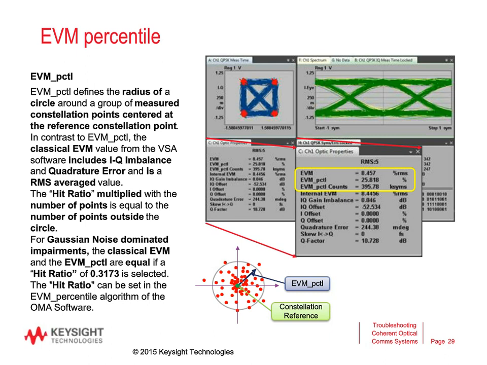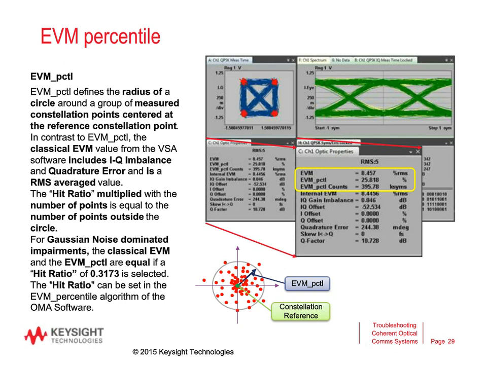The new thing about this measurement is, in contrast to the classical EVM, the EVM percentile does not include IQ imbalance and quadrature error. And also, it's not an RMS average value, so it gives you a better indication over longer-term measurement of what's going on in your transmission.